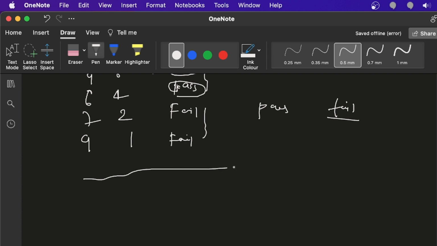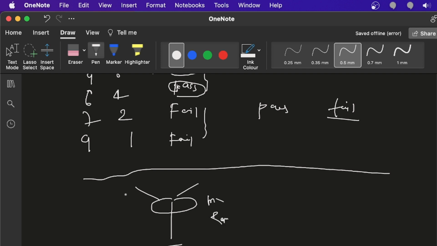So before creating the model, before jumping to the graph and the equation part, you have to decide which type of model you are going to create. Is it good for classification or regression? According to the data set, you have to decide.